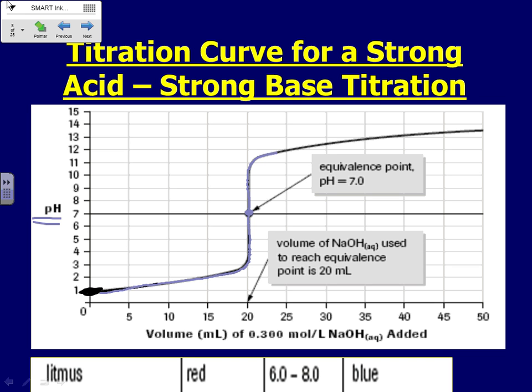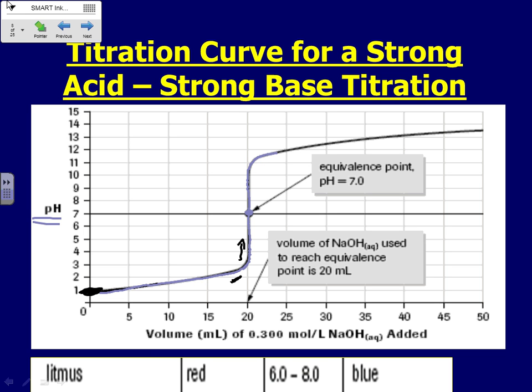As we get close to the equivalence point and the acid is being consumed, every little drop of base causes a large change in the pH, because every drop is going to change the concentration of the HCl by a large factor as the HCl is all being consumed.